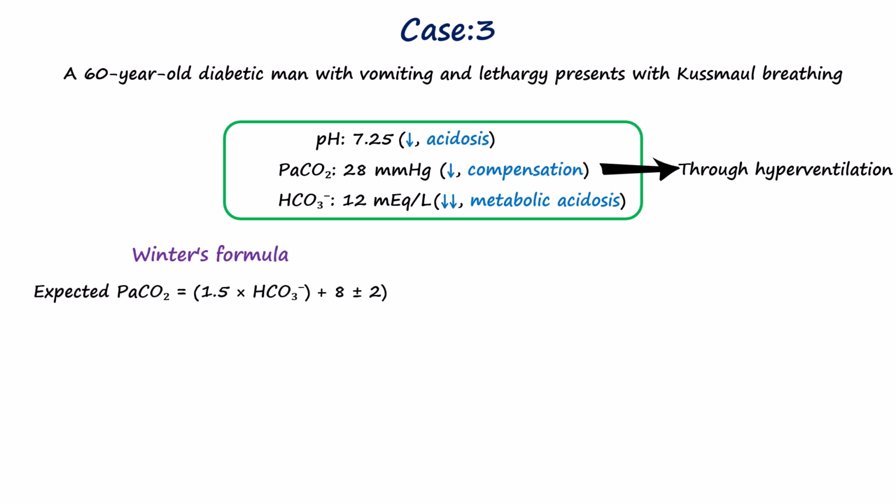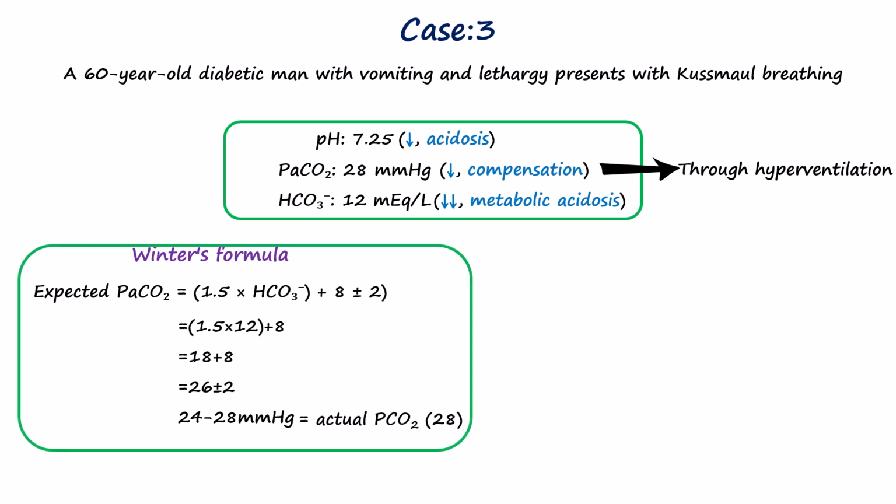This can be calculated using Winter's formula. So in our case, we would expect the PaCO2 to be between 24 to 28. And exactly, the patient's actual PaCO2 of 28 mmHg is within the expected range, indicating adequate respiratory compensation.